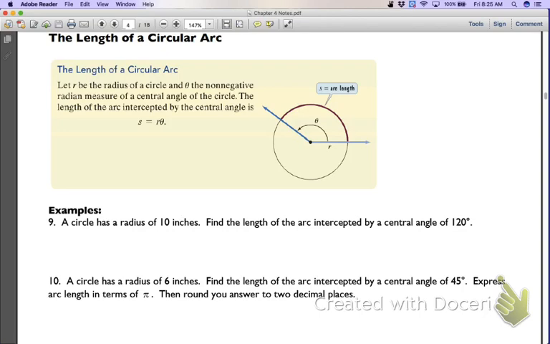So the length of the arc intercepted by the central angle is s equal to r times theta. Remember yesterday, whenever we did this, we tried to find theta, and we had r over s.